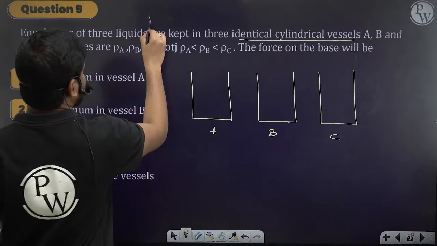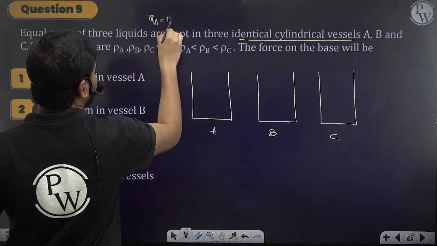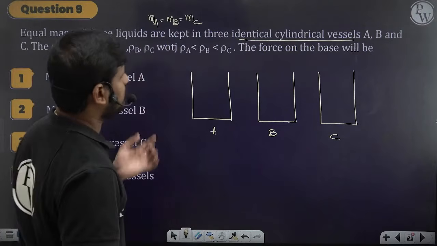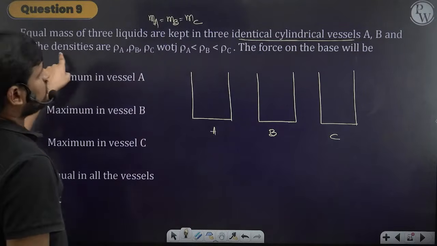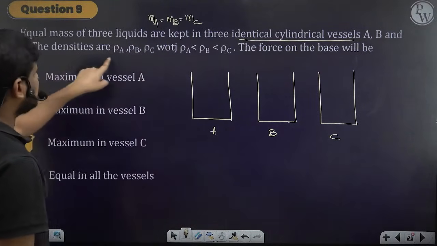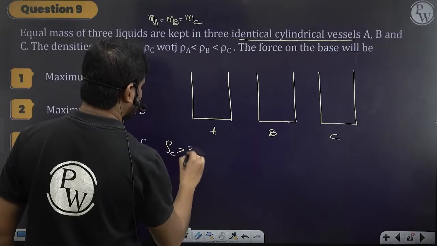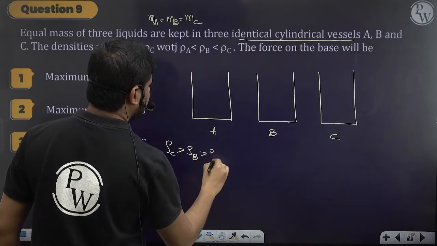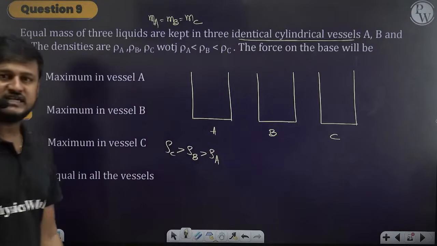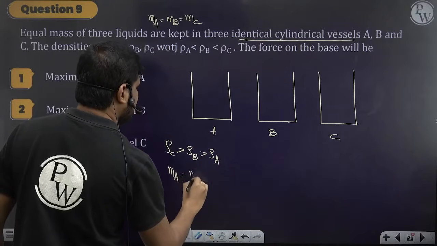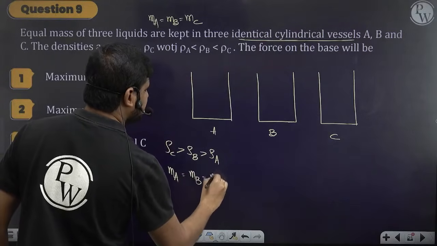So let's say the mass of liquid A is equal to the mass of liquid B is equal to the mass of liquid C, in identical vessels A, B, C. The densities are rho A, rho B, rho C, where rho C is greater than rho B is greater than rho A. Their masses are equal: MA is equal to MB is equal to MC.